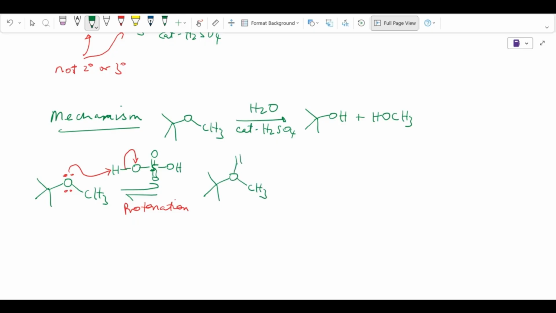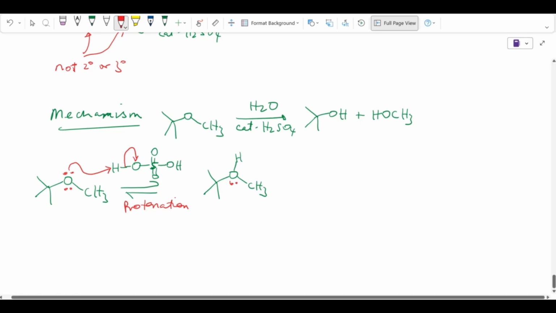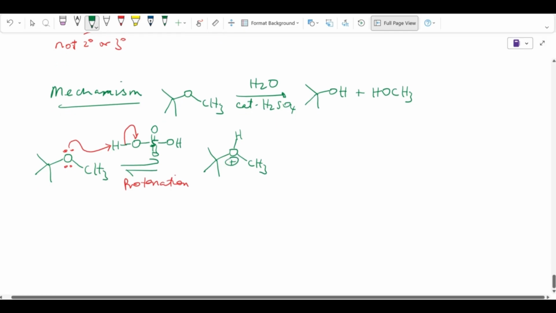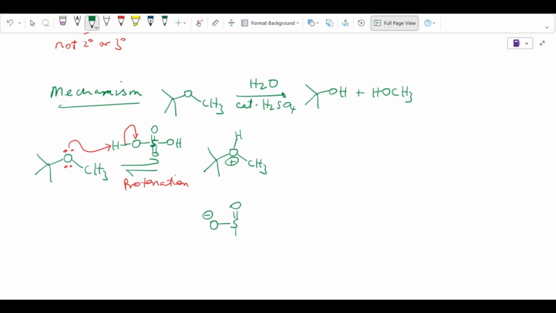That oxygen gains a proton, and because oxygen now has three bonds, it will have a positive charge. And you will form the conjugate base of the acid.